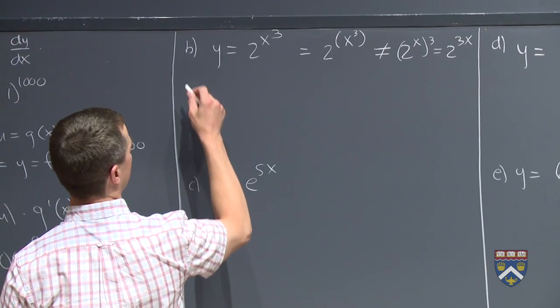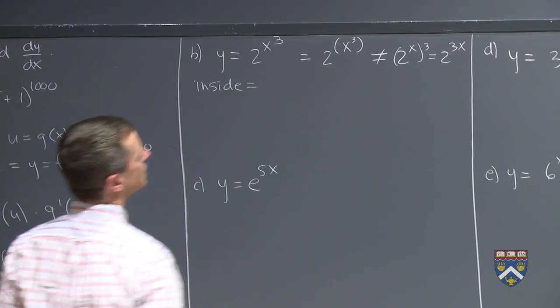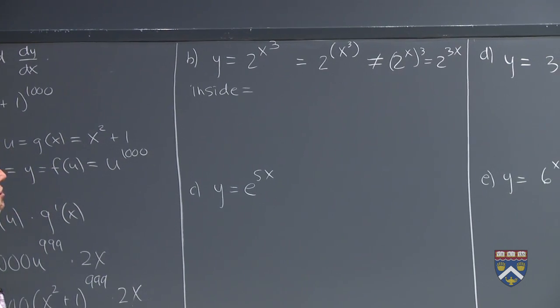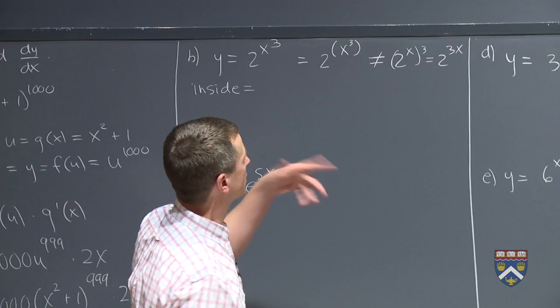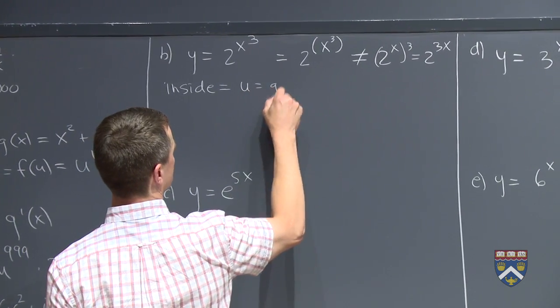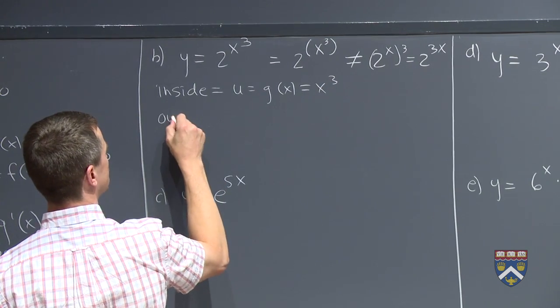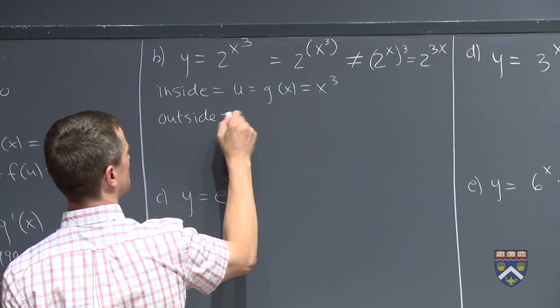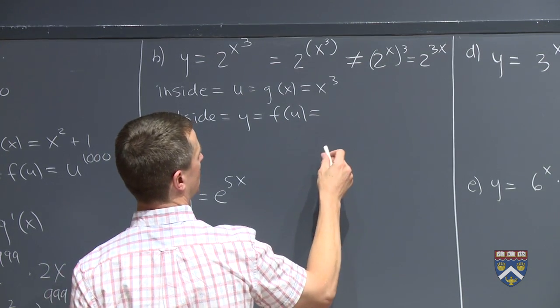So let's identify our inside function. That's what you would do first. If somebody asked you to evaluate this, say at x equals 4, the first thing you would do is take 4 and cube it. So the inside function, which we're calling u, or g of x, is x cubed. And the outside function, which we're calling y, or f of u, is what?